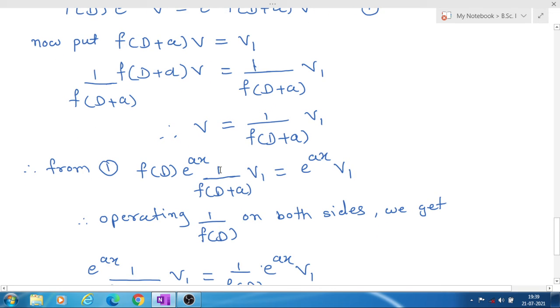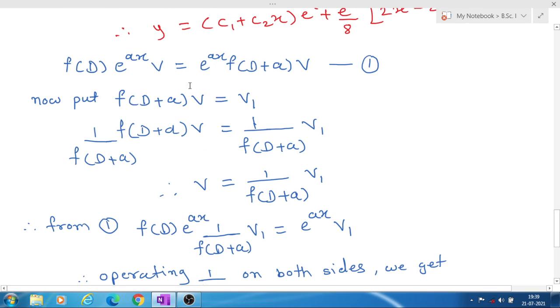Now in our equation, we substitute f(D plus a) into v by v1, and the value of v as we calculated here.